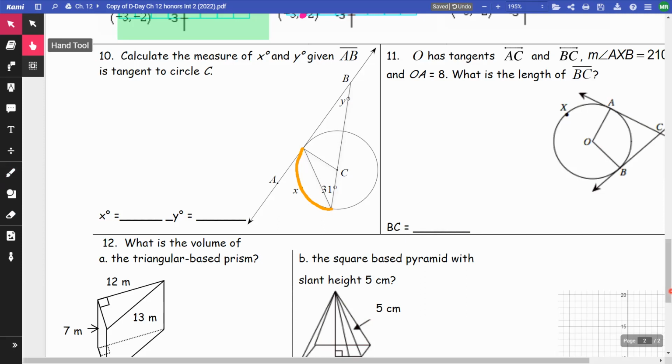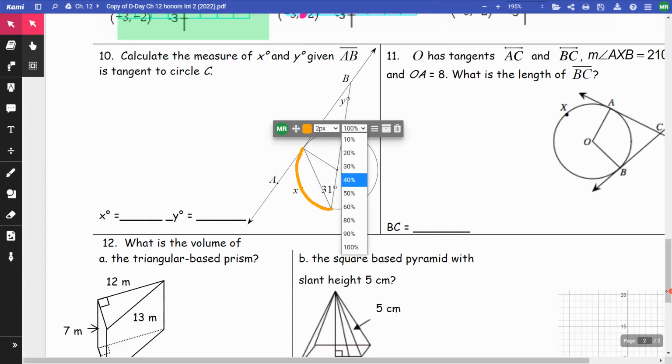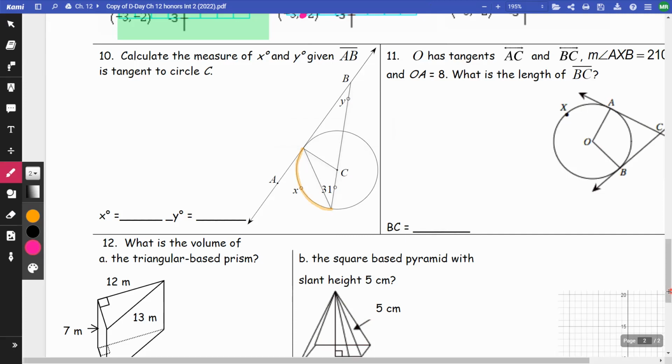I'll just change it so it's made a little more transparent. Okay. And we also want to find angle y, and angle y is right here.